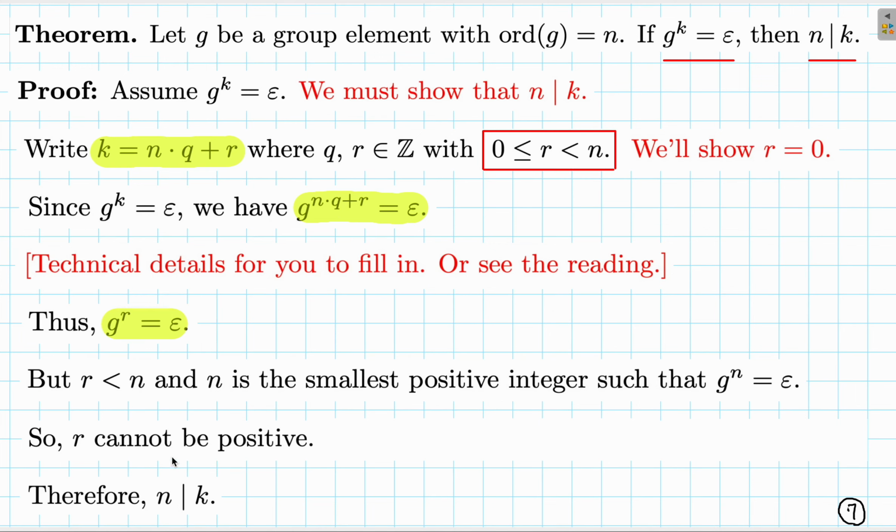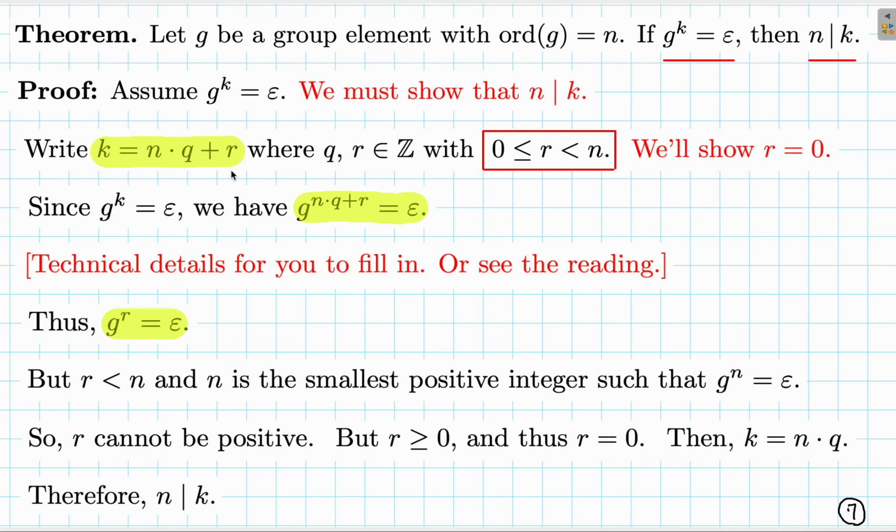R can't be positive because that would contradict the fact that n is the order of G. R can't be positive, but we also know that r, being the remainder, is greater than or equal to 0. So the only possibility is that r is equal to 0. And therefore, with the remainder gone, we can write k is equal to n times q, and therefore n is a divisor of k.